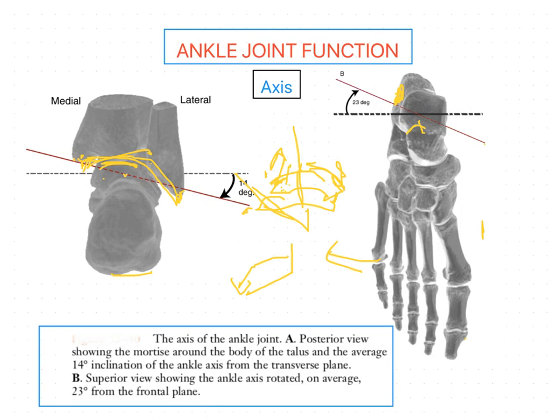Because of the lower position of the fibular malleolus, the axis of the ankle is inclined down on the lateral side, with an average of 14 degrees.